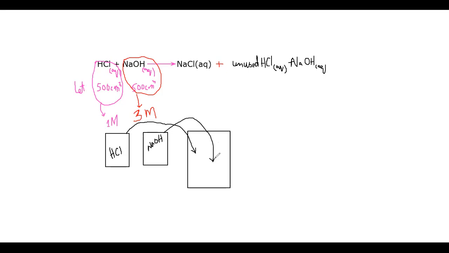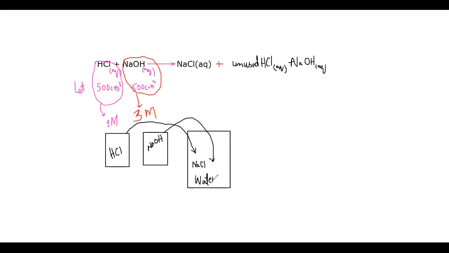Now this large beaker will have four things. One is sodium chloride, which is produced by the reaction of HCl and sodium hydroxide. Then water.